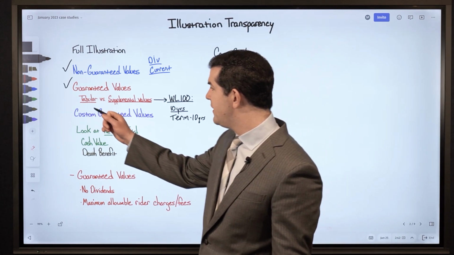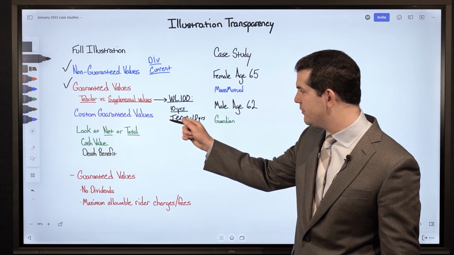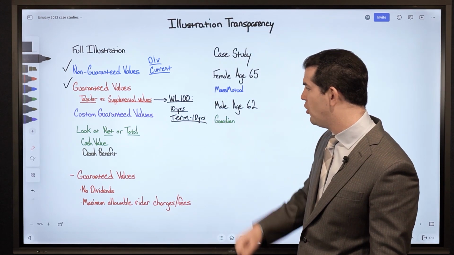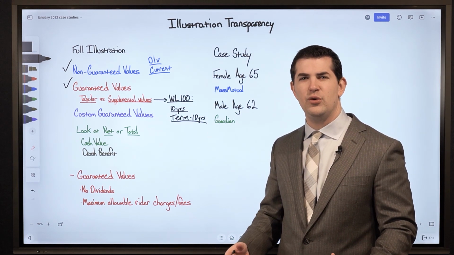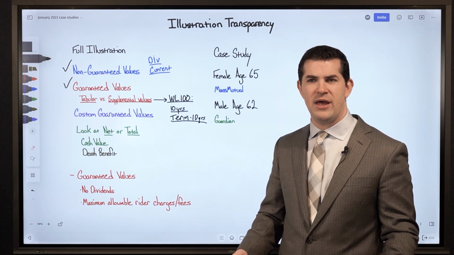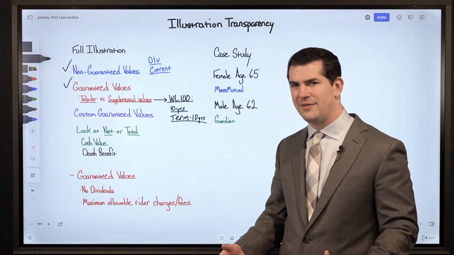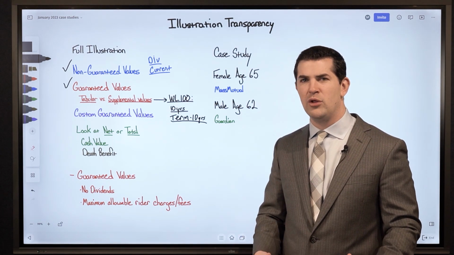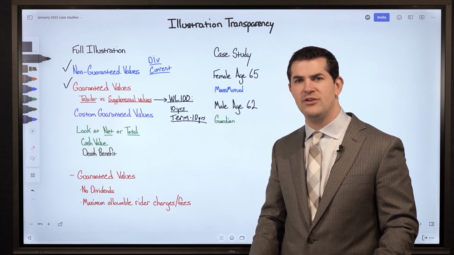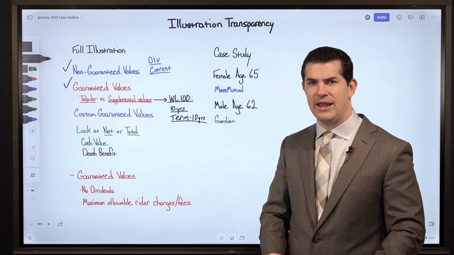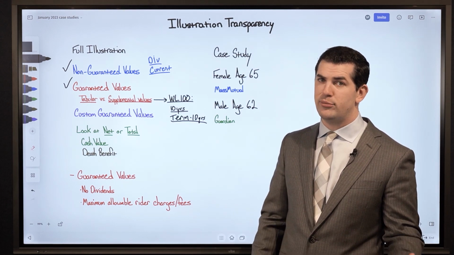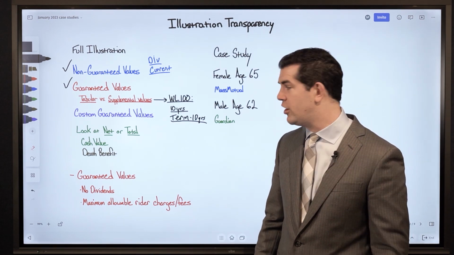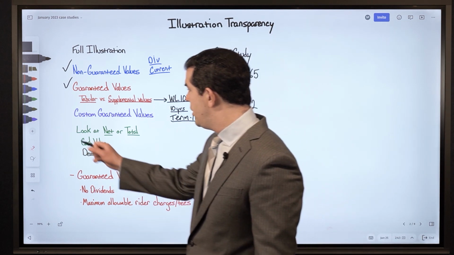So why I don't like that, the fact that the tabular values assumes I'm not cutting off a term rider or anything like that, is because it causes confusion. It shows a scenario that we look at and say, we're not going to let that happen. Like we will remove the term rider in this particular case, or we will reduce it. Like it highlights almost an unrealistic scenario. But based on compliance, it is something that we have to show.